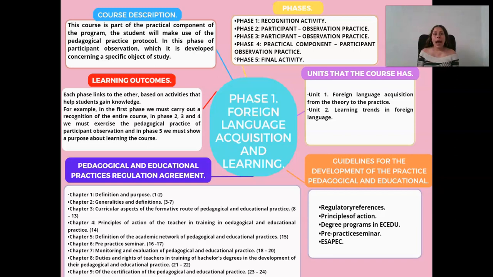When I read and understand each chapter, I know that, for example, we must be very responsible with each activity. We must analyze the other learning.